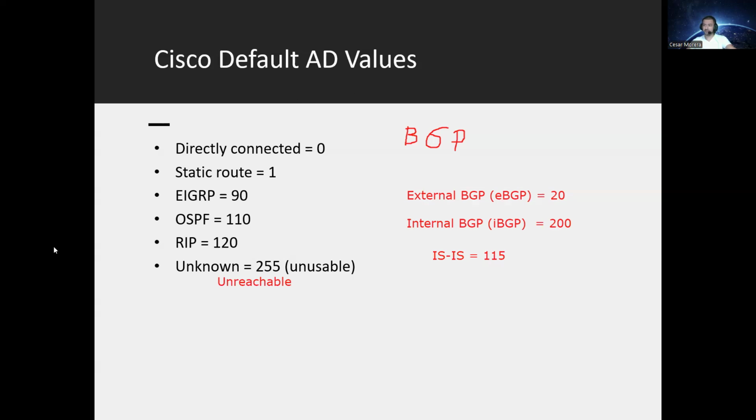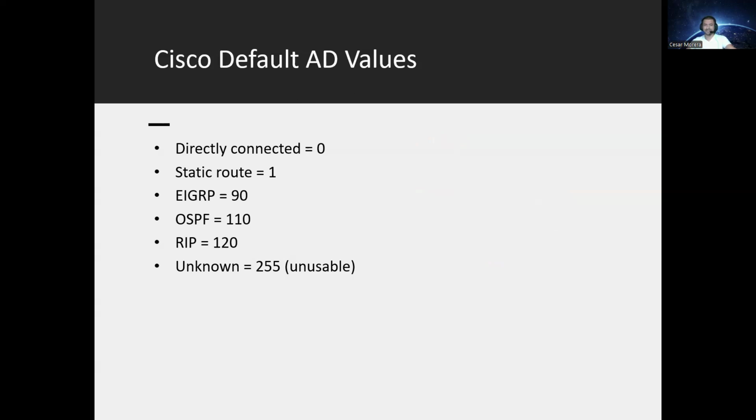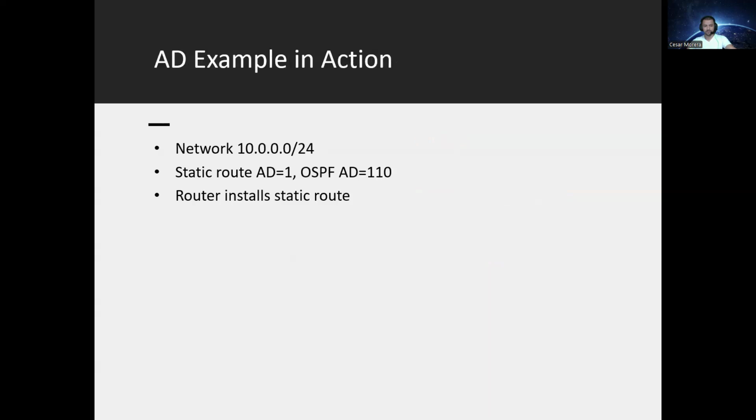Let me just clear the screen so we can move forward to the next topic. Give me just a second. Hopefully I will get there. This is an example I was talking about before. So here we have a network. We have an administrative distance of 1, in case it is a static route.